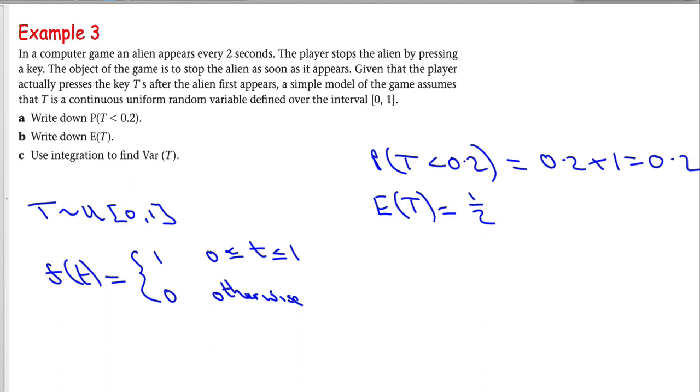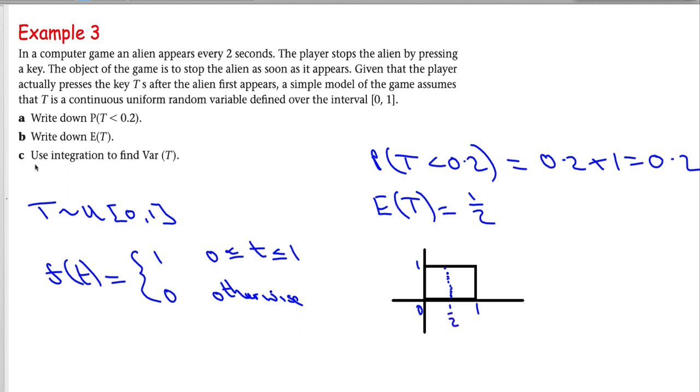Just to clarify where I got that from, if we were drawing the axis and put my rectangle in here, it's defined between 0 and 1, and the height must also be 1. By symmetry, the expected value of t must be a half.